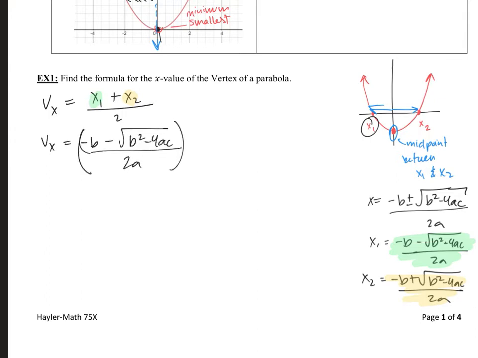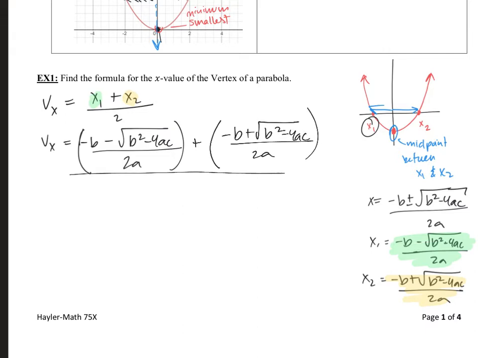Getting a little messy here. That was my x sub 1 value, and I'm going to plug in my x sub 2 value. Now all of this was still divided by 2. We're adding two fractions in the top, so I'm going to rewrite that, because they're all over 2a.